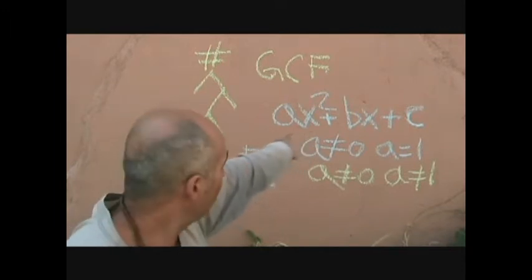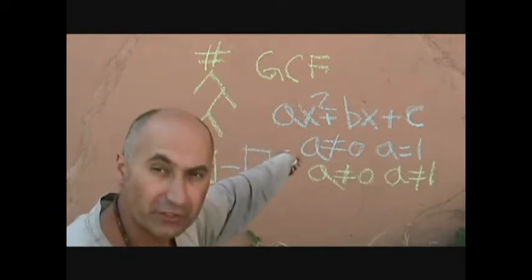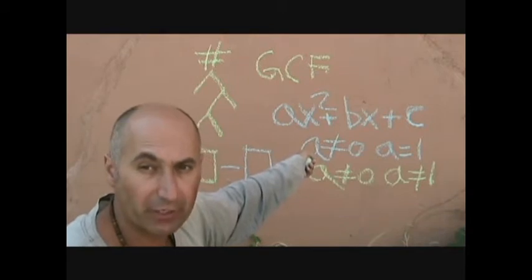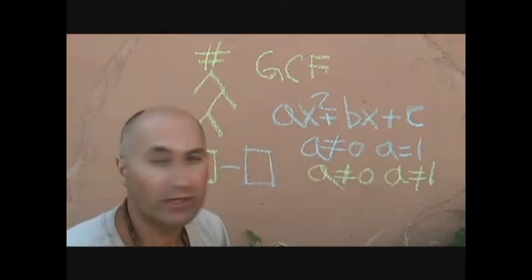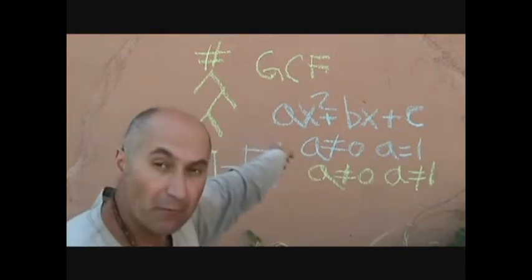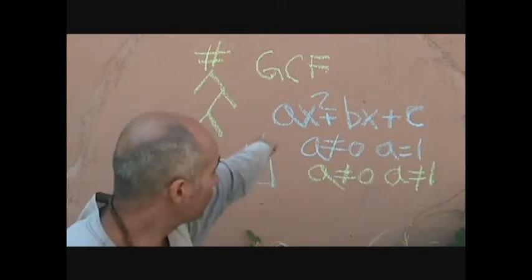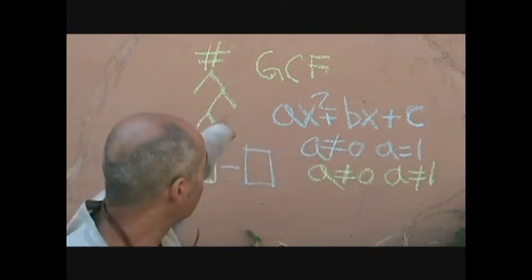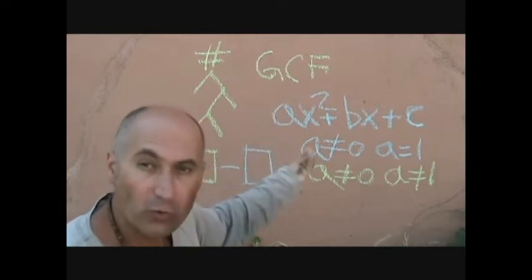So we actually end up with a number, a coefficient, in front of the x squared, okay? The one thing you've got to be careful with is, if there's a number in front of the x squared, what you should look for is the GCF first, because the GCF, you always look for that first.